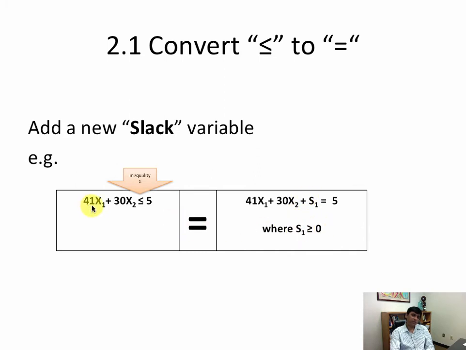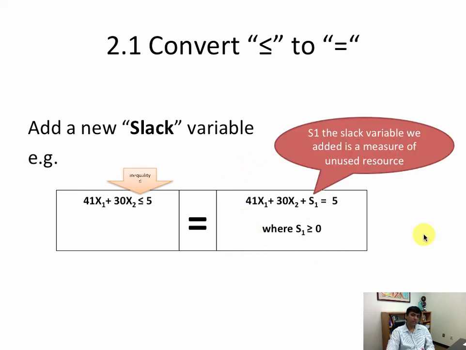So if we have an inequality 41x1 + 30x2 <= 5, and we add a slack variable s1 which is greater than or equal to 0, you can easily interpret that the two equations are mathematically the same.